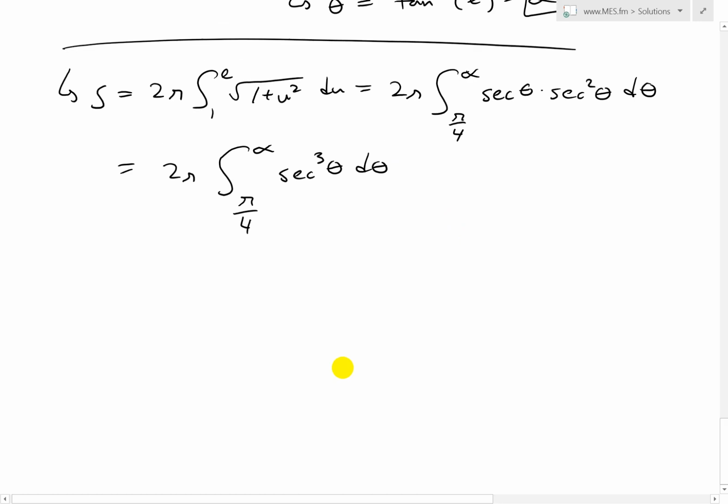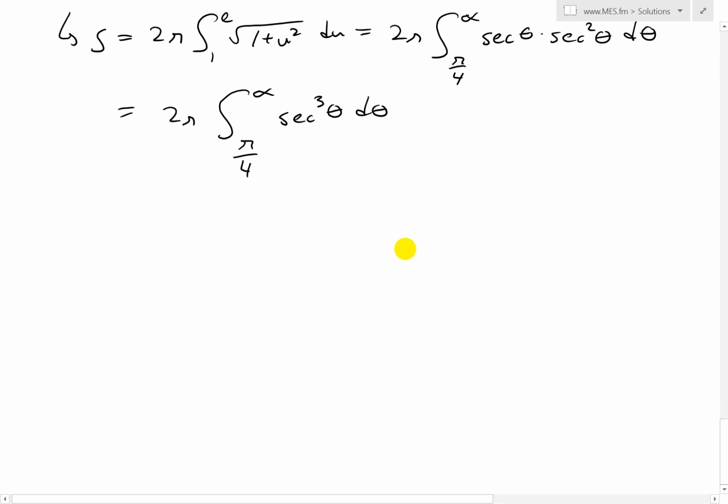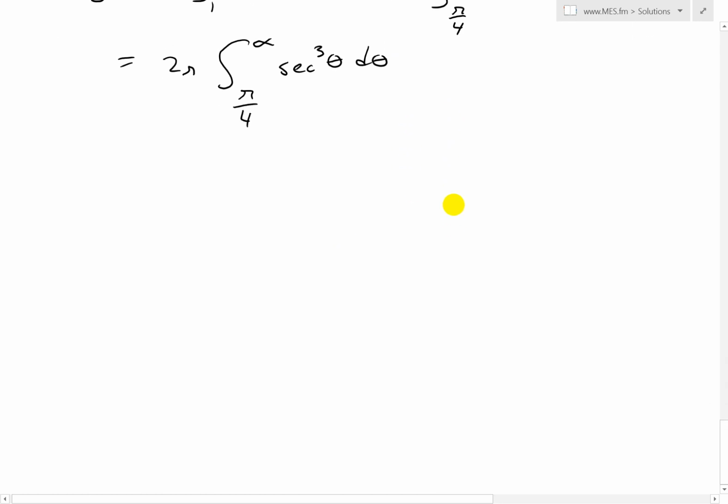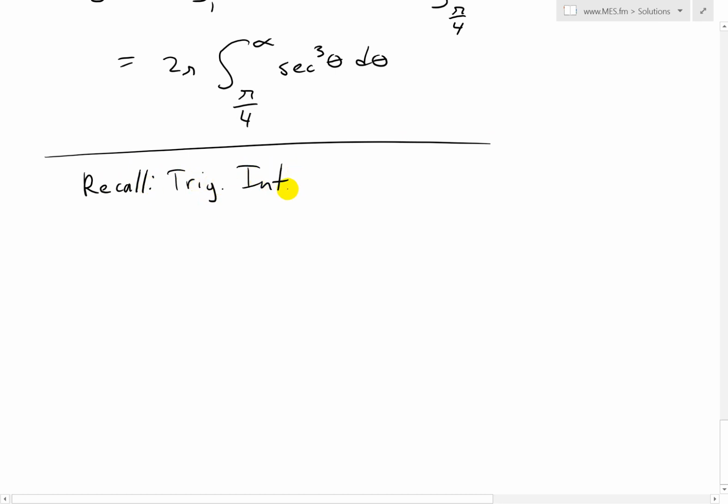Now, although this integral is a bit simpler than what we started off with, the derivation of this integral is still complicated, but I went over it in an earlier video, so instead of reinventing the wheel, recall from my trigonometric integrals video, trig integrals example 8, which I covered earlier. The video link is in the description below.